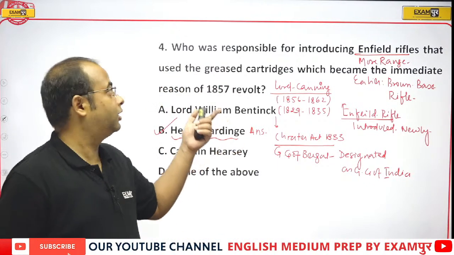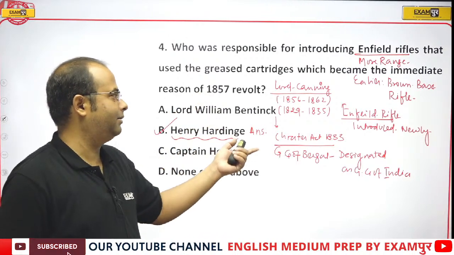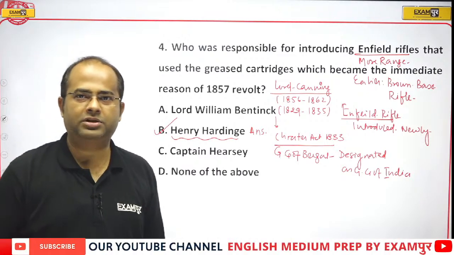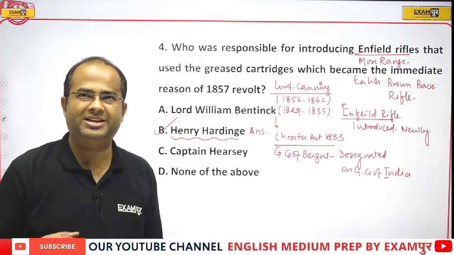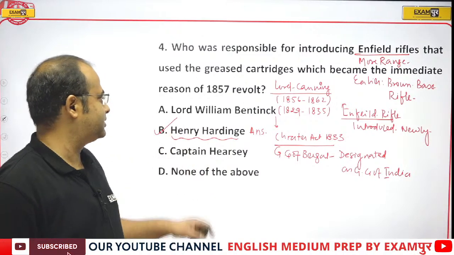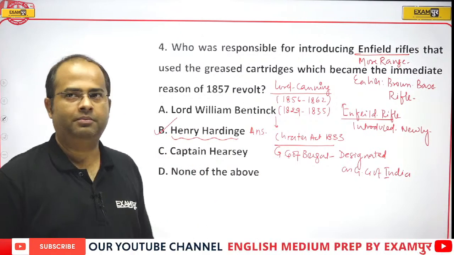So William Bentinck became the first Governor General of India, because earlier he was Governor General of Bengal. So my dear learners, the correct answer will be option B.